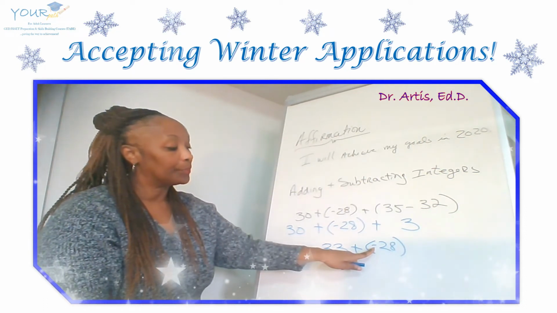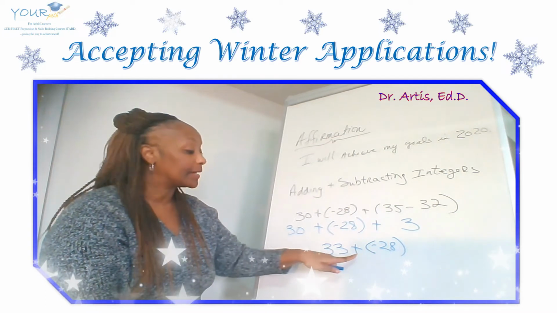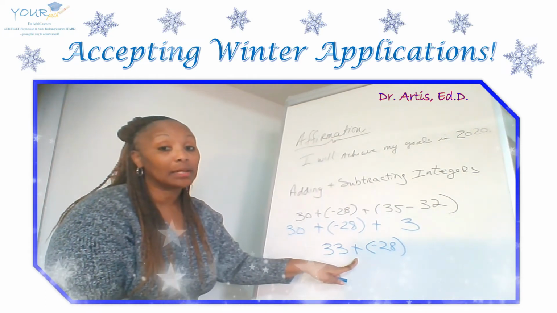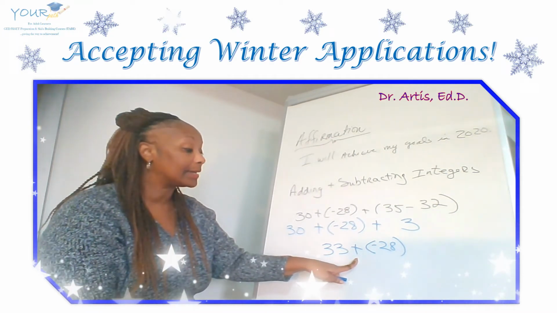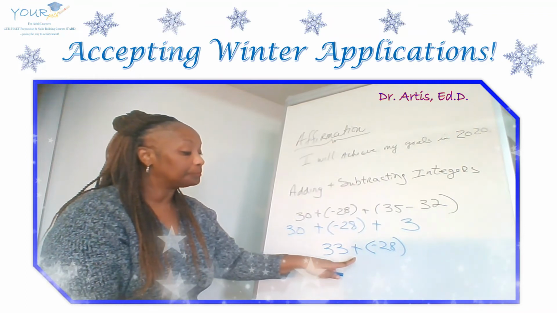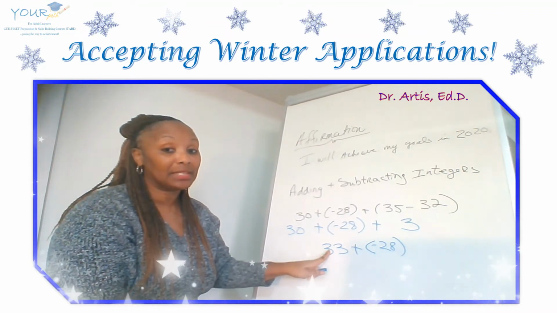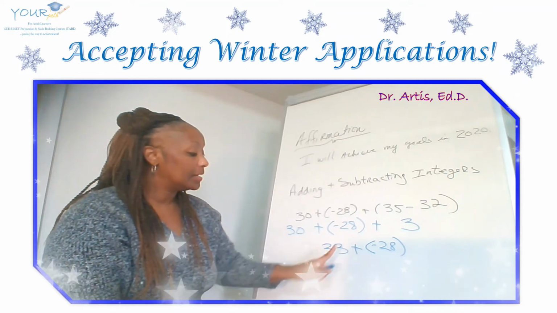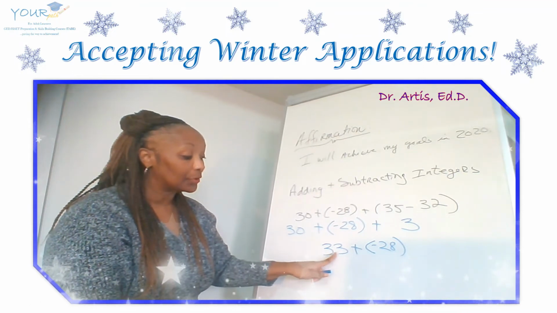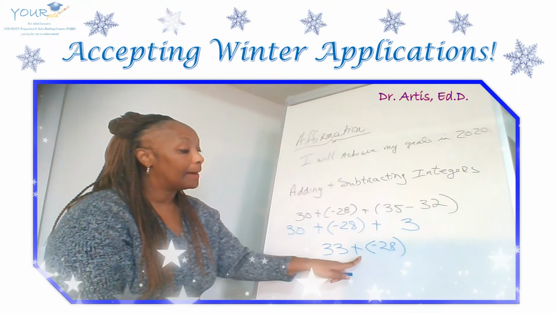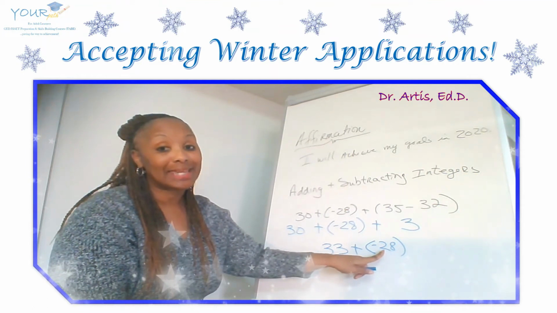The reason we're going to keep this in parentheses is because we have this positive sign here, which is our operational sign, and we want to make sure that we add these two up. Okay, so here we have positive 33 plus a negative 28.